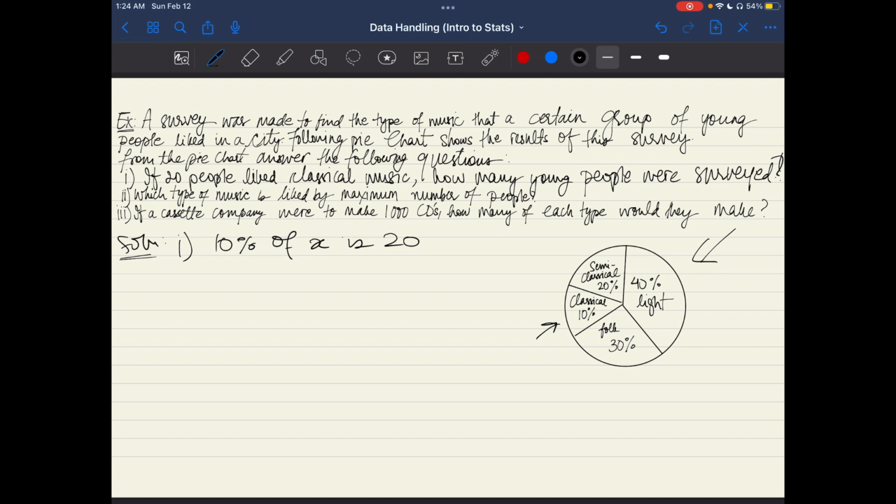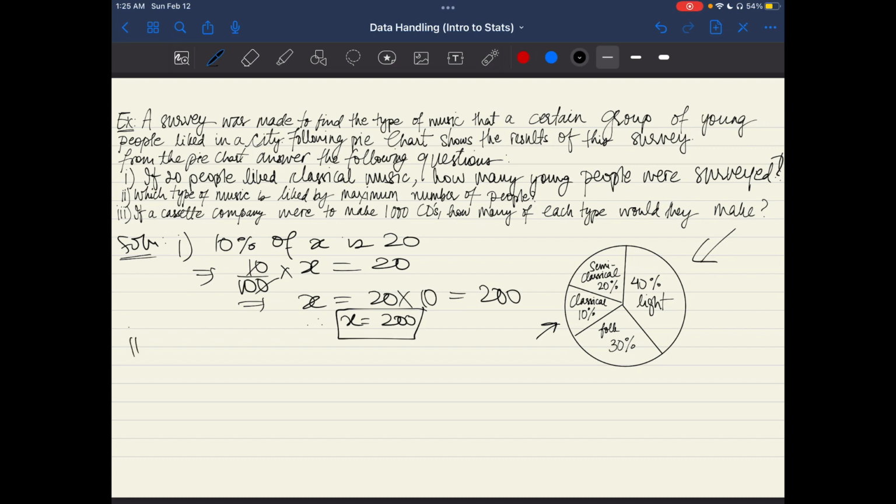Because 20 people liked classical music, and we can see from the pie chart that 10% of people like classical music. So it's a very simple question. So 10 over 100 times X equals 20. And X is 20 times 10, which is 200. Therefore, 200 people were surveyed if 20 people liked classical music.